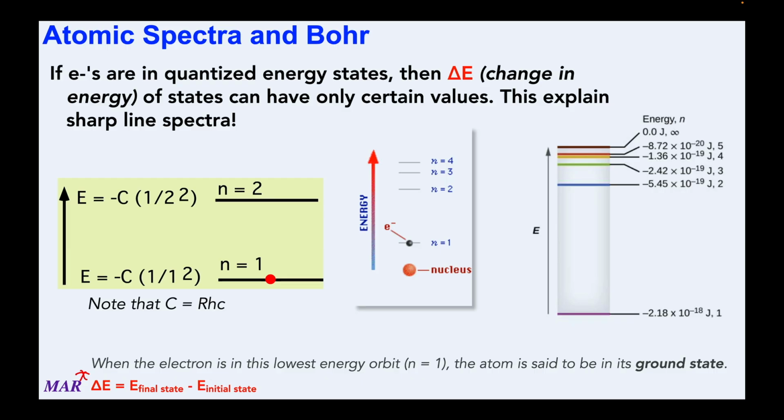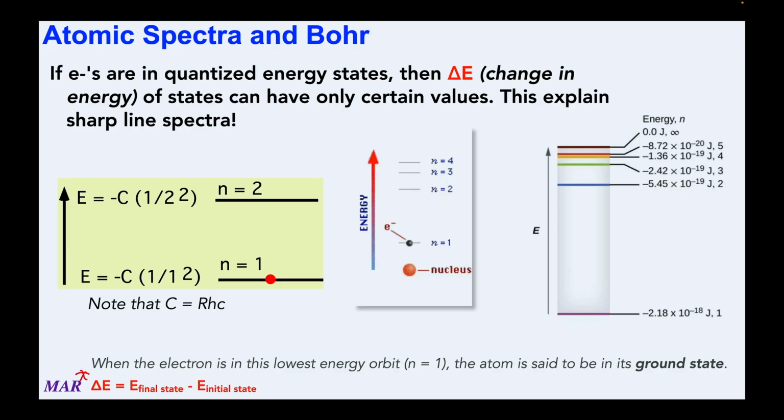Now, n equals 1, as I said, is closest to the nucleus, and that's called the ground state. If there are no other external energies, the electron should be in the n equals 1 state. Those higher states, n equals 2, 3, 4, 5, 6, etc., are all the higher energy states. And from this, you can actually calculate the change in energy.